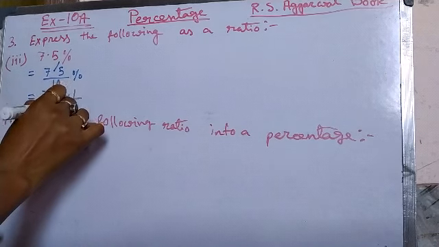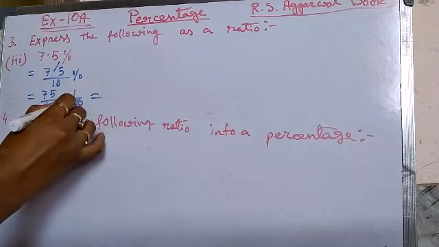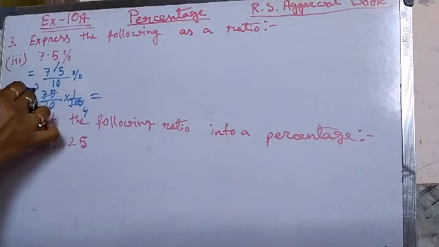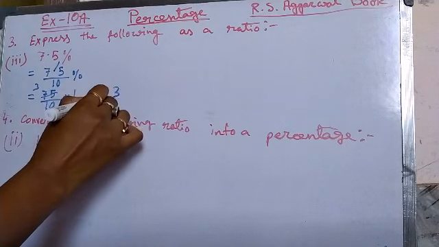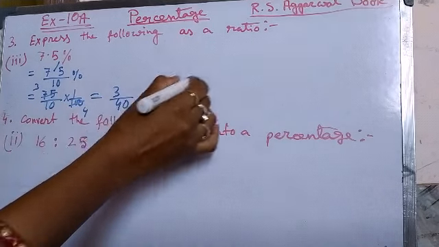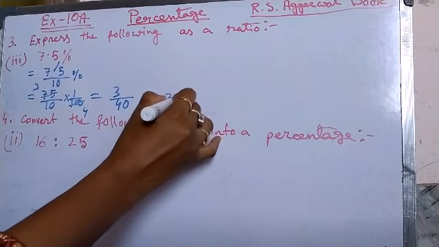That means 1 by 100. Percentage means 1 by 100. Now it can be cut by 25. 25 4s are 100, 25 3s are 75. That means 3 by 4 10s are 40. Now we have to make it in ratio. This is fractional form, so easily we can make it in ratio. 3:40.